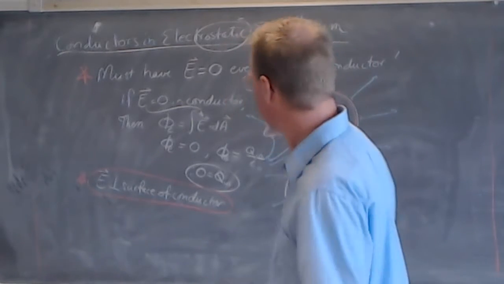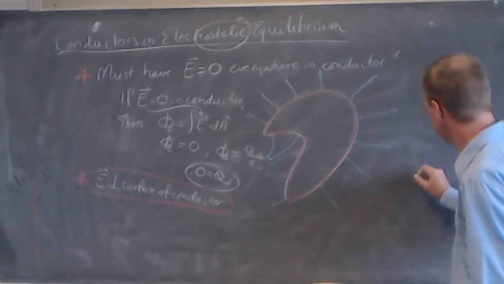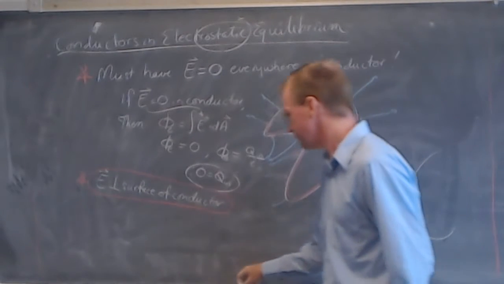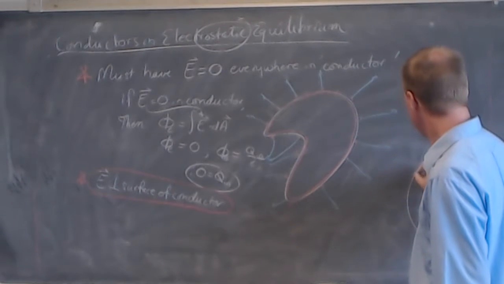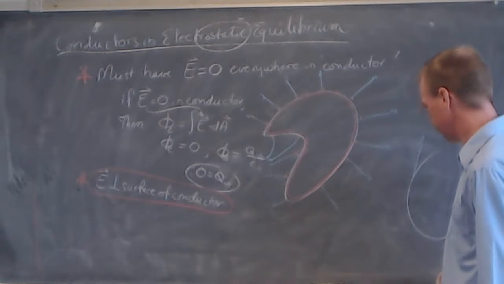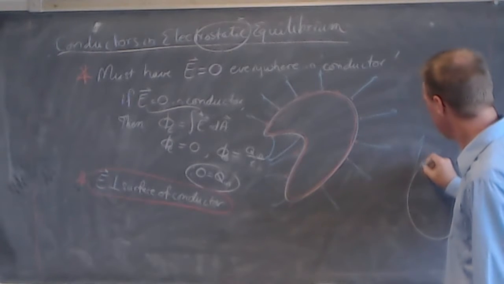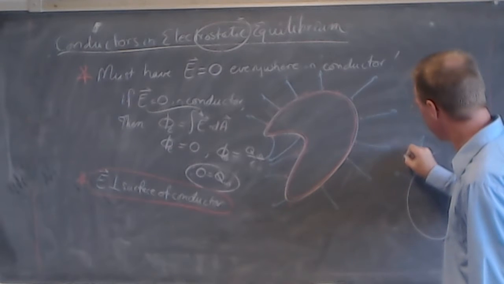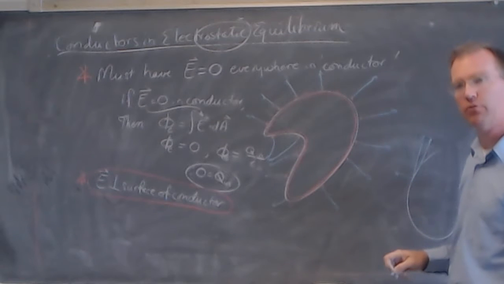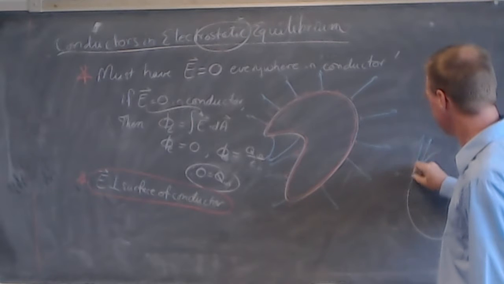The reason for this is that, let's see here, there's some surface. If you had an electric field that came off at an angle to the surface, then it would have a component that we can break down into perpendicular and parallel components.